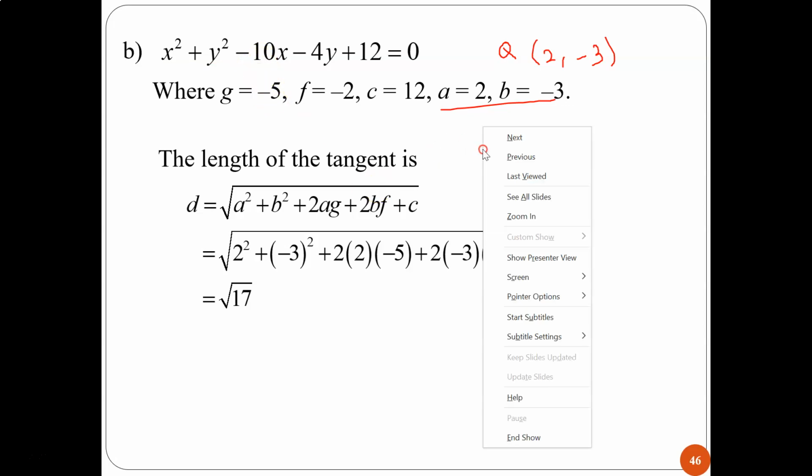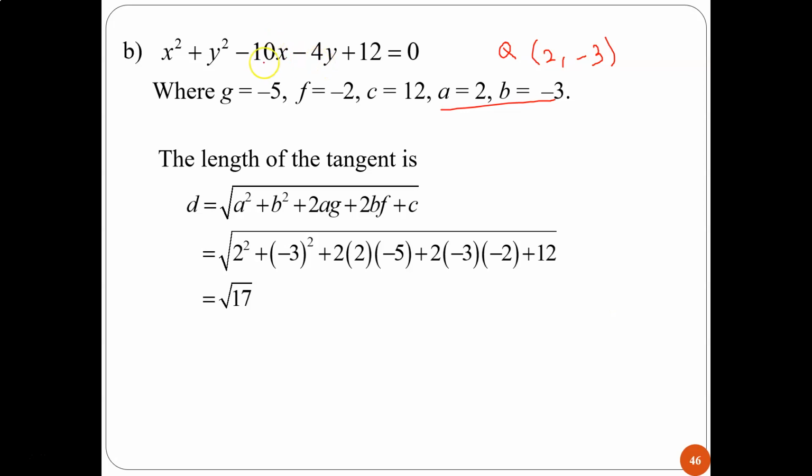First, you need to obtain your G, and then you need to obtain your F. This is your G, this is your F. So you substitute into the length of tangent equation, then you will get the answer equal to square root 17. Okay, that's it for chapter circle.